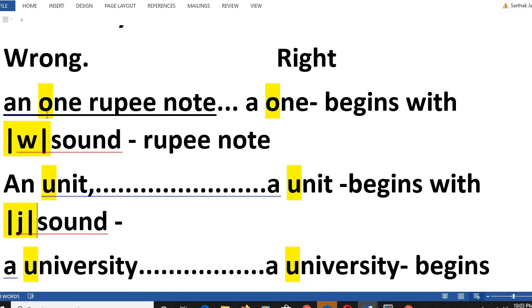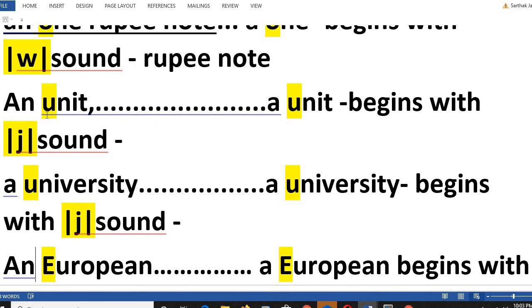Next is unit. The sound is similar to yoo-nit. Your tip of the tongue is touching the front jaws. And similar is the case of university, European.